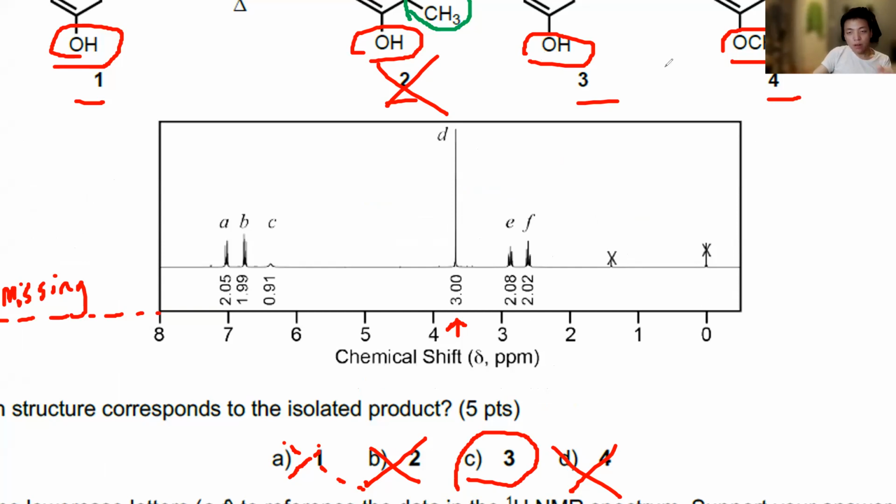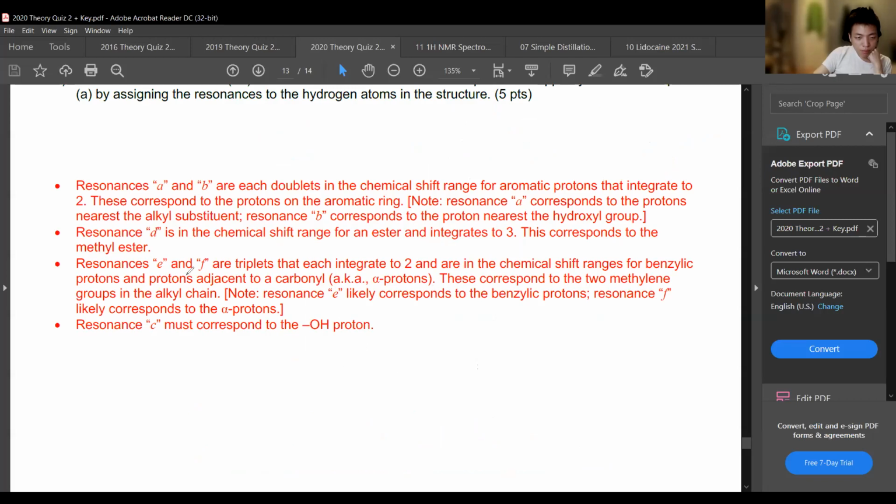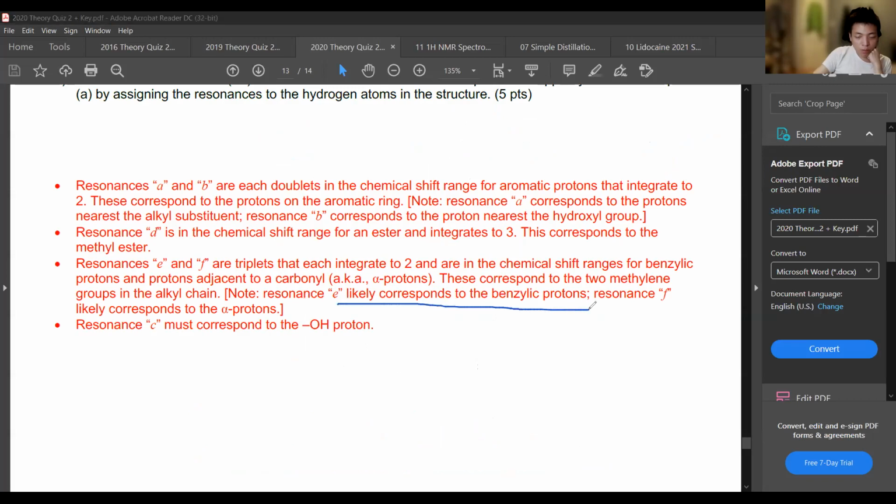But yeah, B, A. This one is closer to the ester, so that one should be E, and that one should be F. And that one is D. E is the benzyl proton.